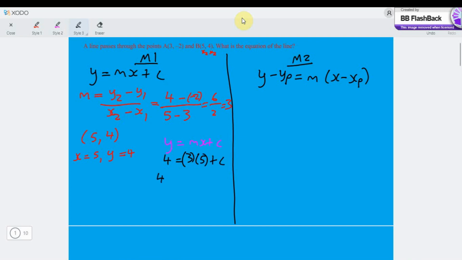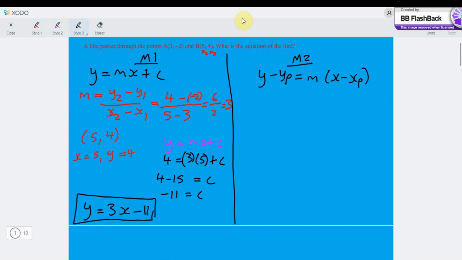So this is 4 equals 3 times 5, which is 15, plus c, and 4 minus 15 gives you c. 4 minus 15 is negative 11, so that's c. So the equation then is m, which is 3, x plus c, and c is minus 11. This is our answer using method 1.